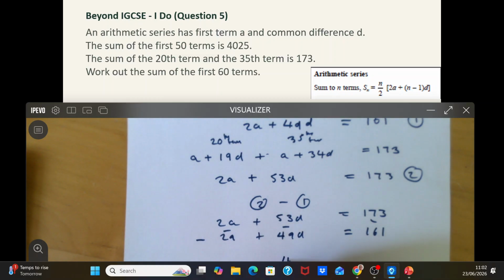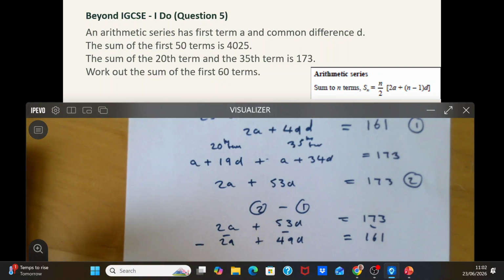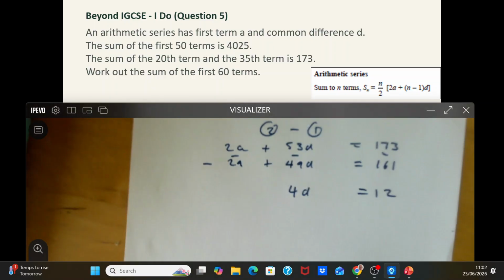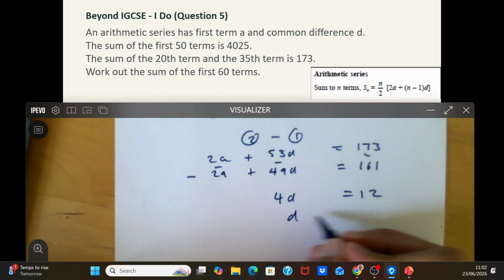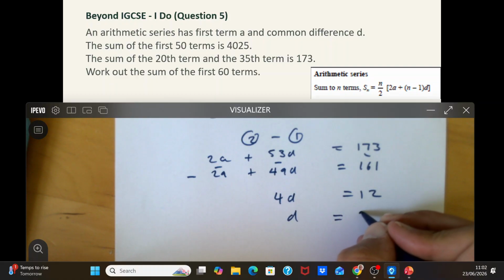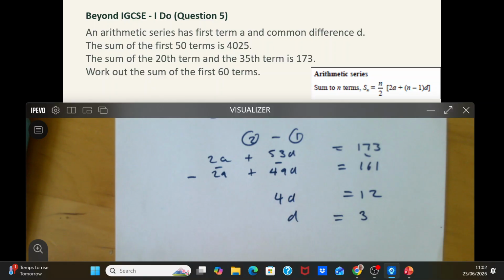So 4d, 173 take 161 is 12, so d equals 3. Got my common difference.